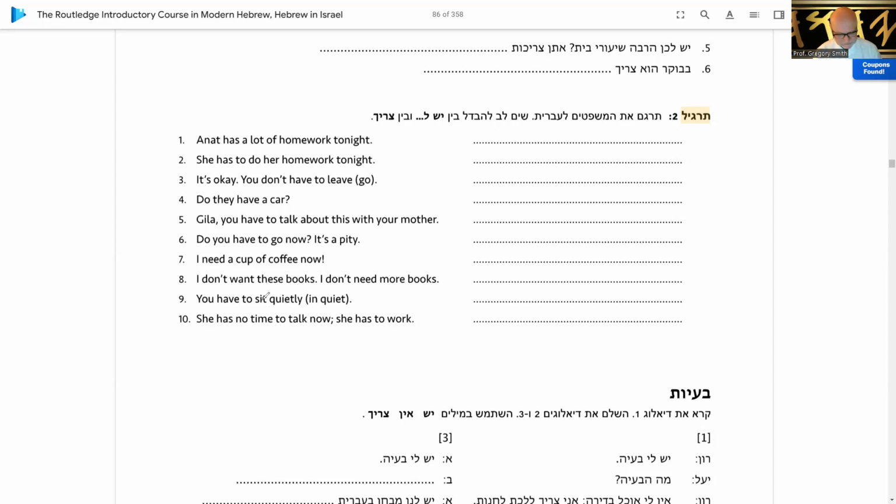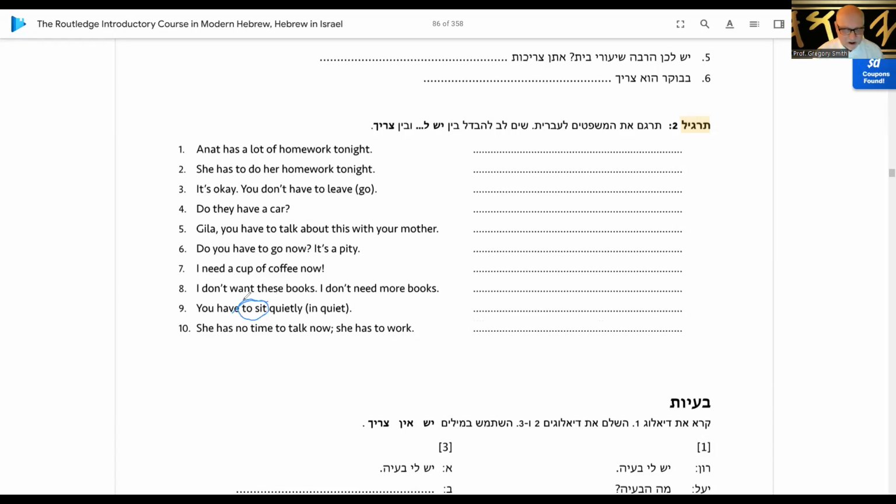Yeshav. Lasheket. Okay, yeah, that'll work. Atazarik yeshev. אתה צריך ישב לשקט? Yeshev lasheket. You have to sit quietly. So I'm using to sit.